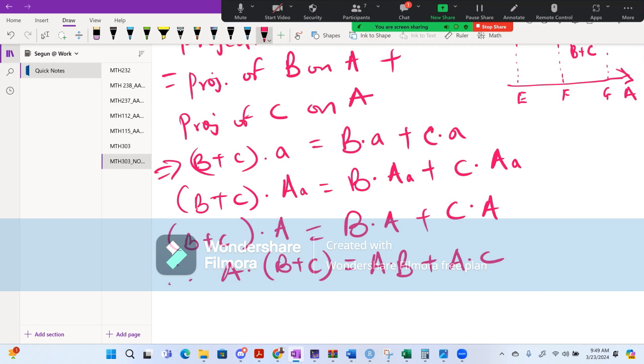So in this case, we have what we call the commutative law for dot products.